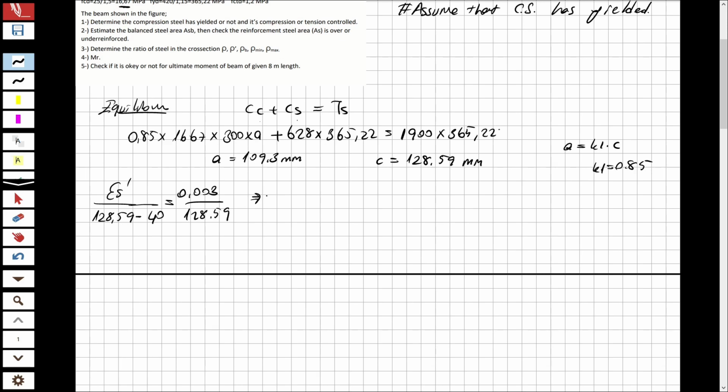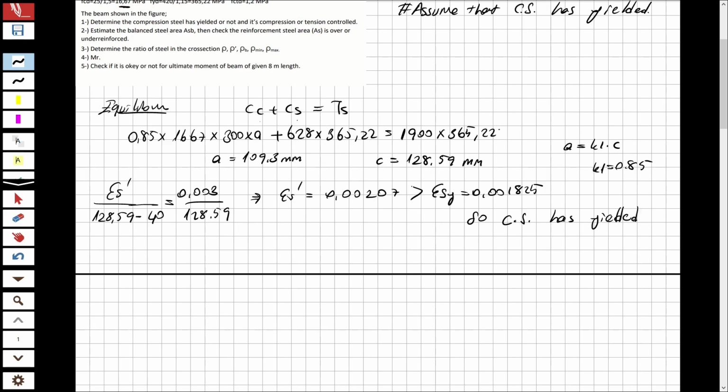From this equation, this will be equal to 0.0027, and this is greater than the yield strain of steel, 0.001825. So the compression steel has yielded. The assumption is correct, so we are going to go on to solve the question.